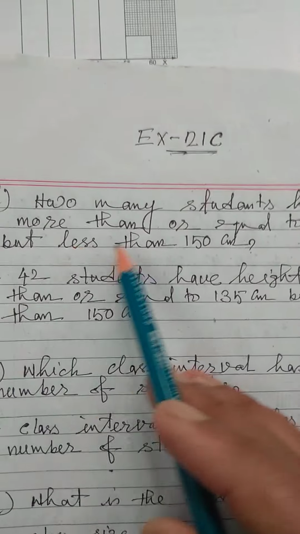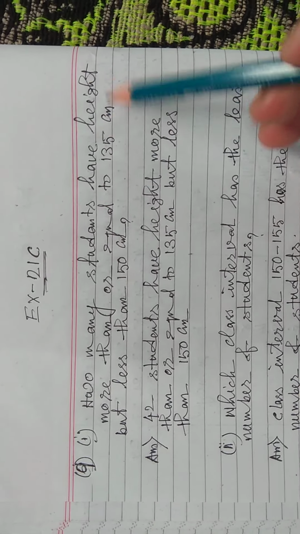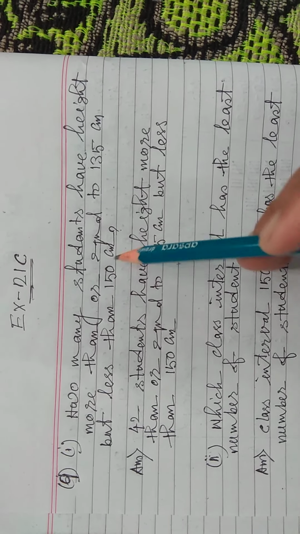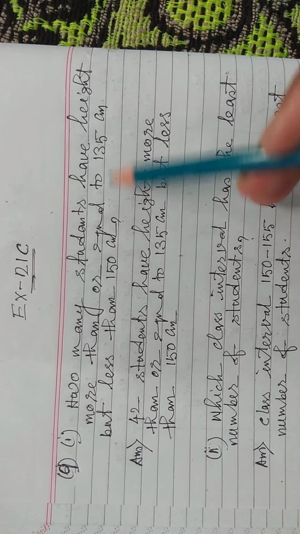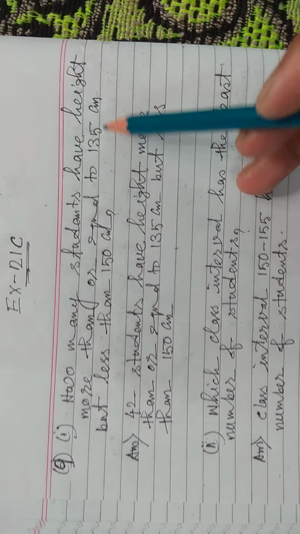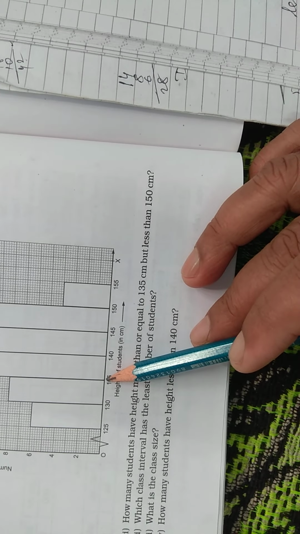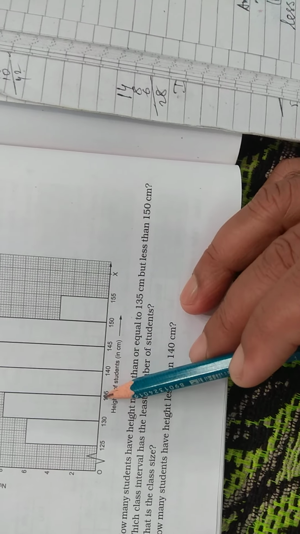So the first question given in the book: how many students have height more than or equal to 135 but less than 150? So 42 students, because more than or equal to 135 and less than 150.